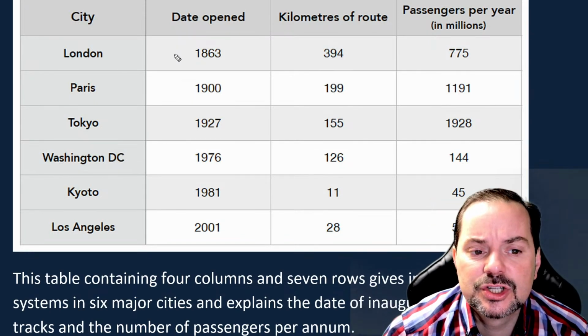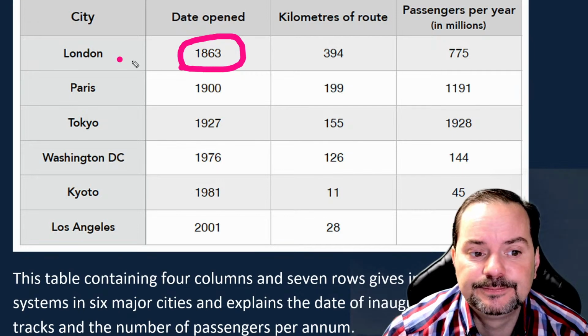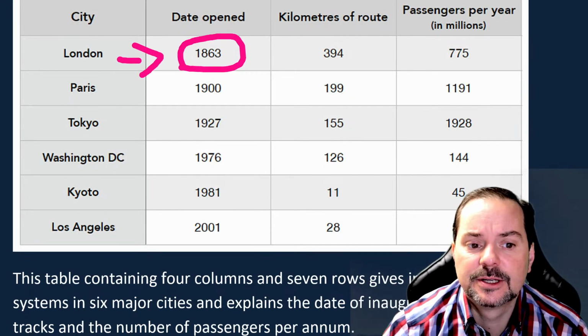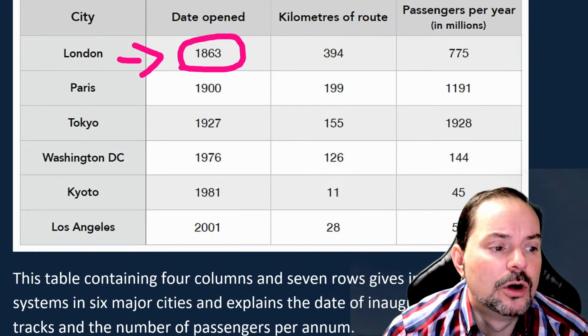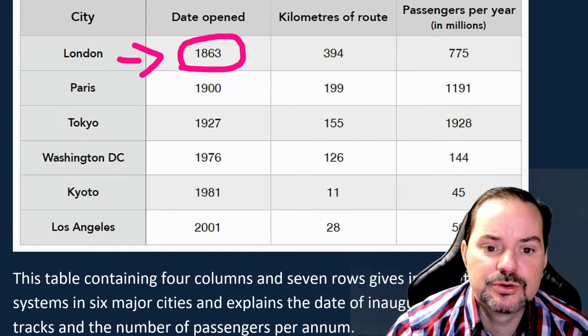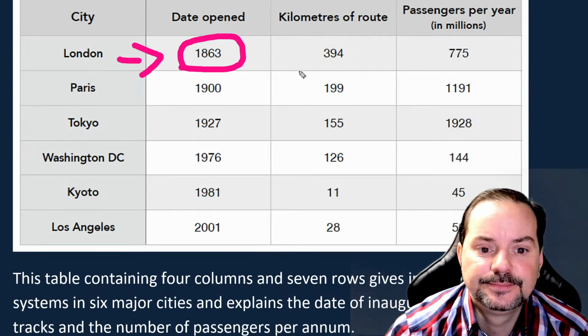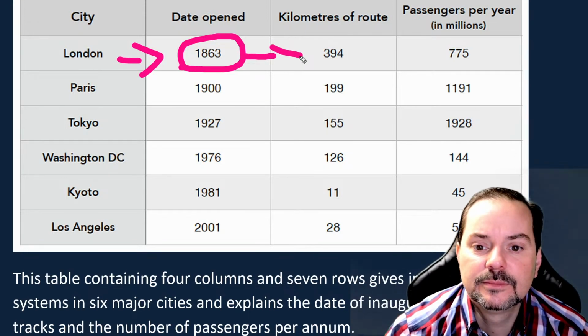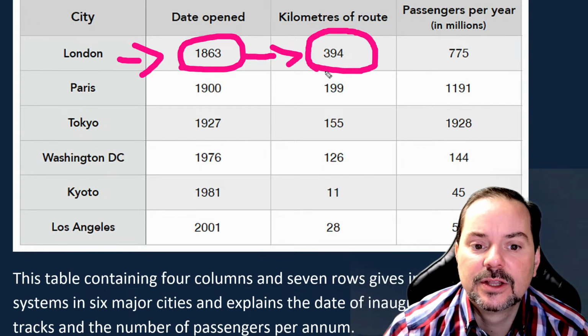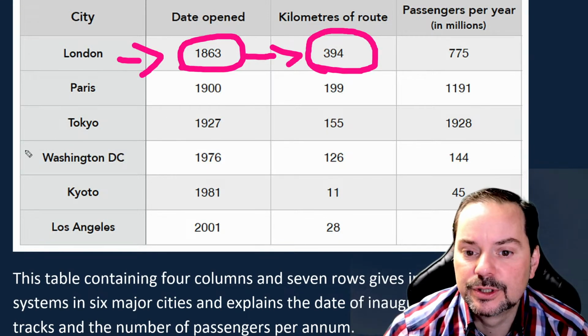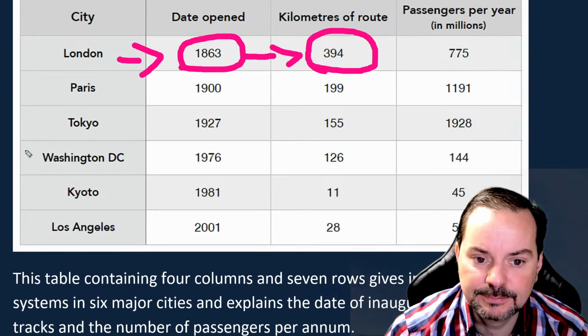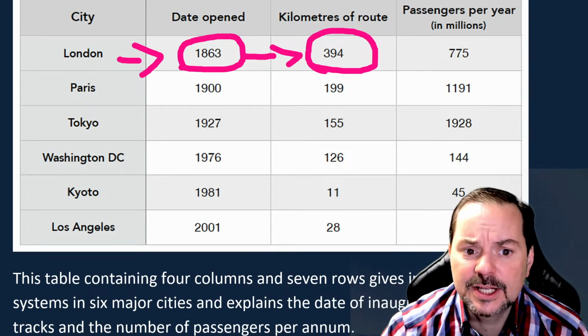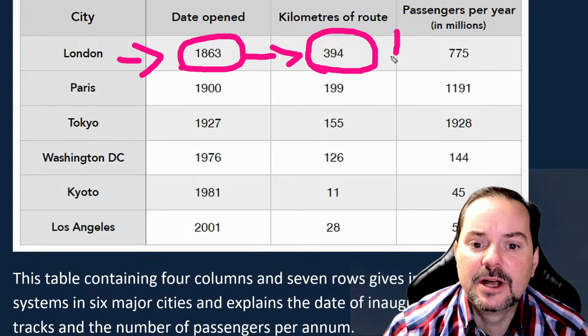Here I would actually just start with like the earliest metro system. Okay, so the oldest metro system opened in London, which also has the longest kilometers of route. Okay, that's what I would start with. So this would be my number 1.